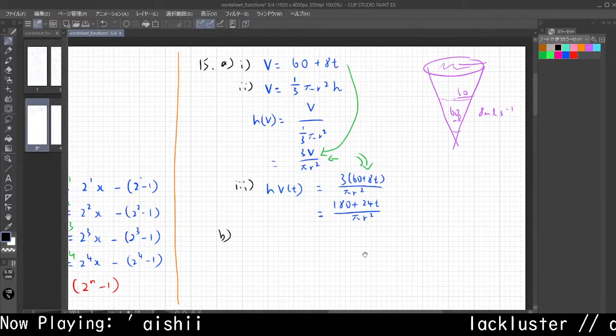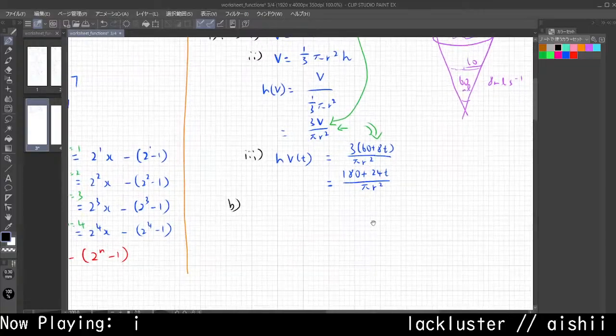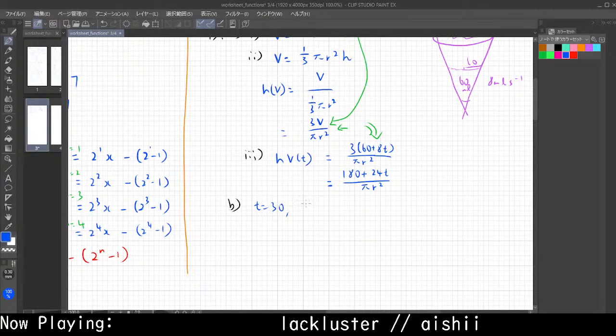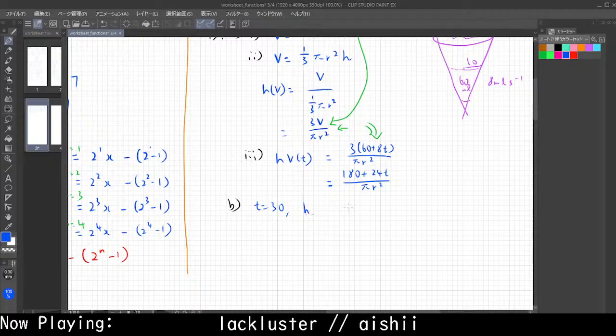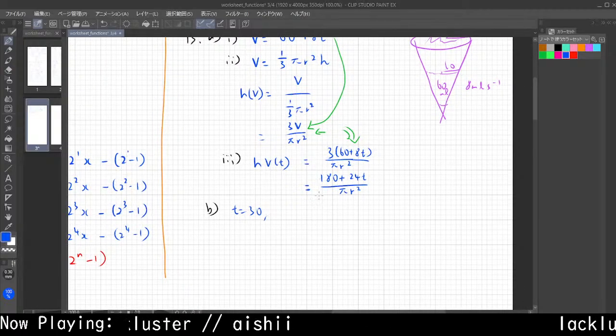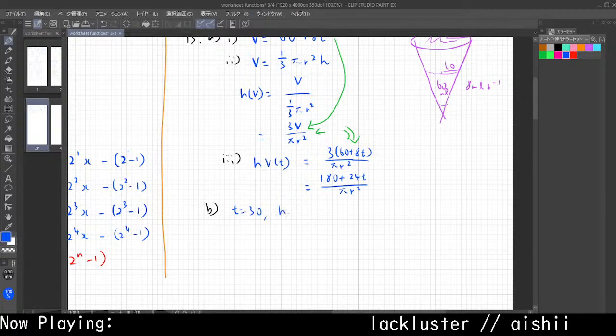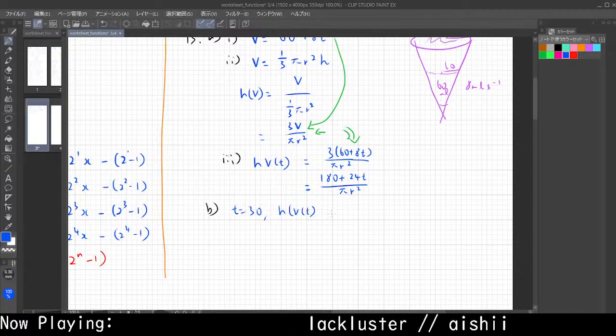Okay, part B. Find the height of liquid in the conical flask after 30 seconds. So in this case, t equals 30. We want to find the height, and it's very convenient because we already found H(V(t)) in part A. So we can write H(V(t)).